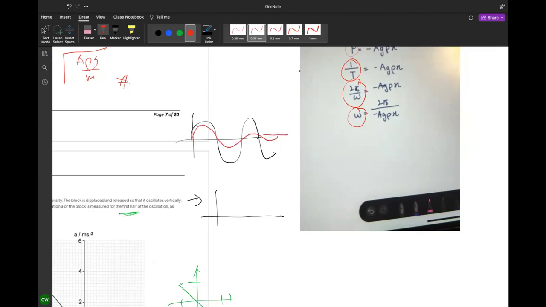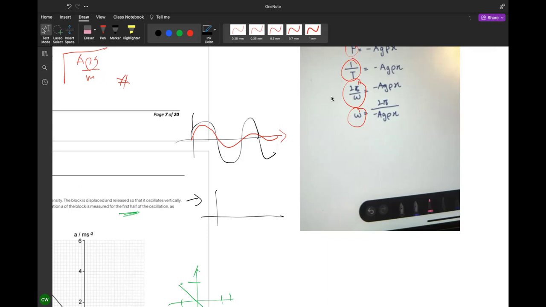What is the difference between these two graphs? Why this one like that? Why this one like this? What causes the amplitude to decrease? Why the amplitude is decreasing? Who can answer me? What causes amplitude to decrease?